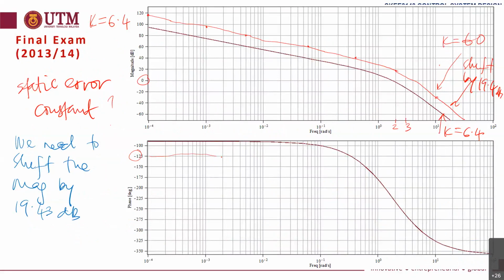This is 126 degrees, so that our phase margin becomes 54.